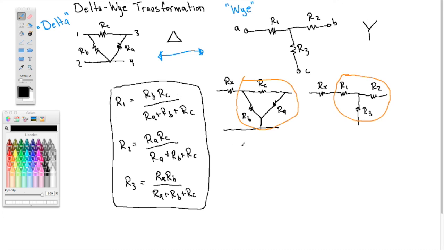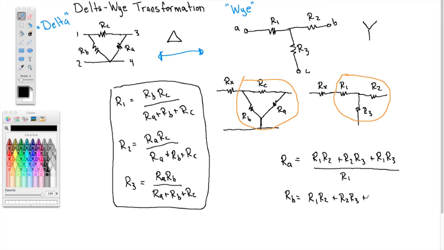Now, you can go back, if you have the Y picture, to the delta picture with the following. RA is R1 times R2 plus R2 times R3 plus R1 times R3 over R1. And similarly, RB equals, and you've got all those combinations again, R1 R2 plus R2 R3 plus R1 R3 divided by R2.